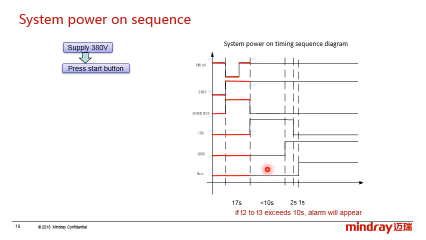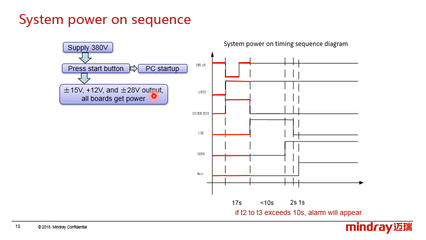After the master control board receives the power on signal, the power on signal will change to low level and be sent to the auxiliary power board. And when the auxiliary power board receives the signal, it will output the different kinds of voltage.